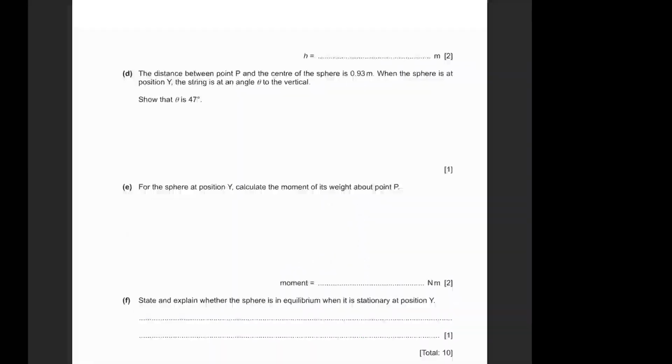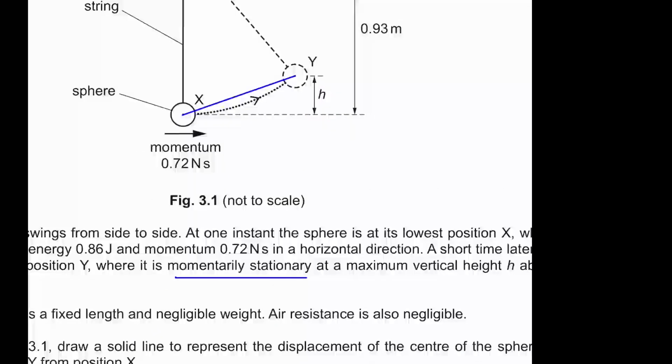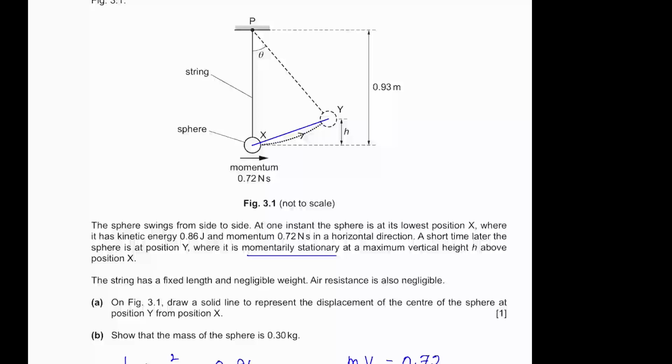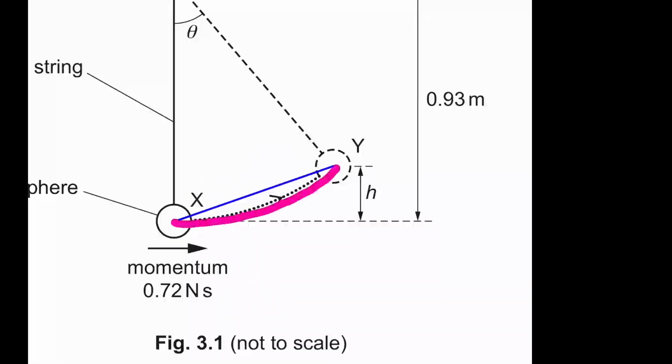Part C, calculate the height h. Guys, there is no air resistance. So that means from here to here, x to y, the gain in gravitational potential energy should be equal to the loss in kinetic energy.